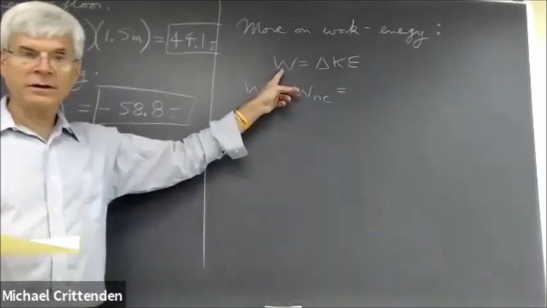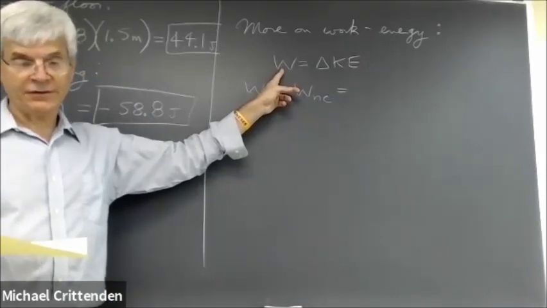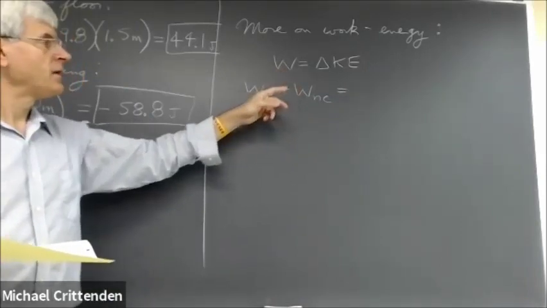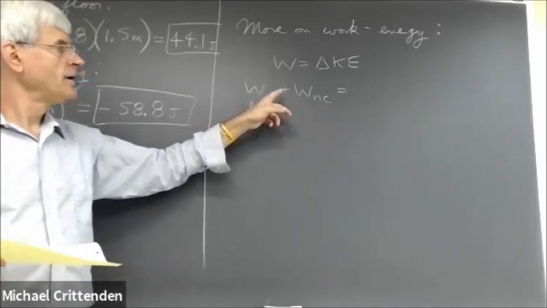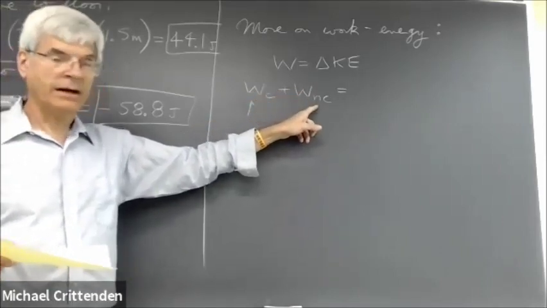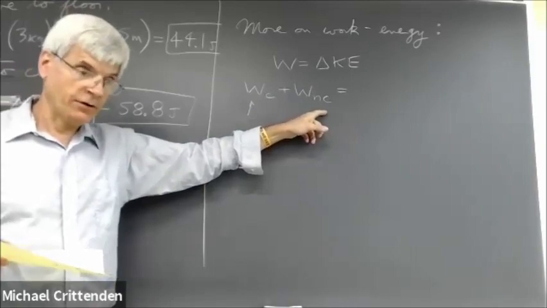Let's take the total work done by all the forces acting on the object and say that it's equal to the work done by the conservative forces plus the work done by the non-conservative forces.